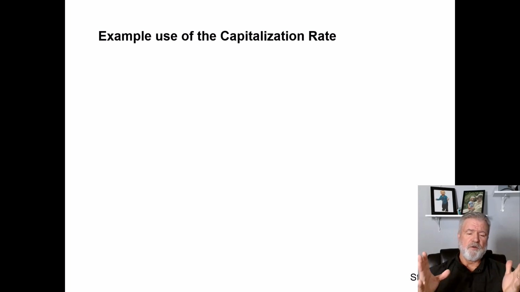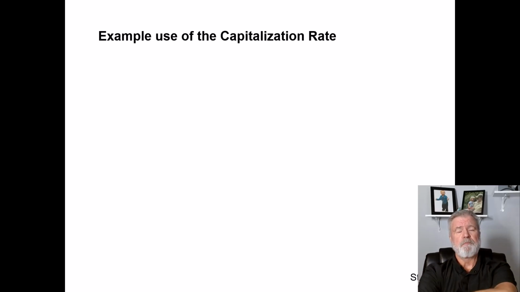If I'm trying to figure out the value of this property I'm getting ready to list, and it's an income producing commercial property, what do you think the first thing I want to know about that property would be? What's the income? And again, what type? Net. Y'all want to know what is your annual net income. And where would I get that from? I would try it from the owner.